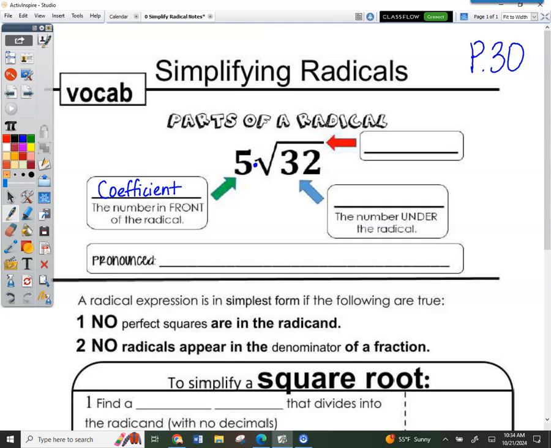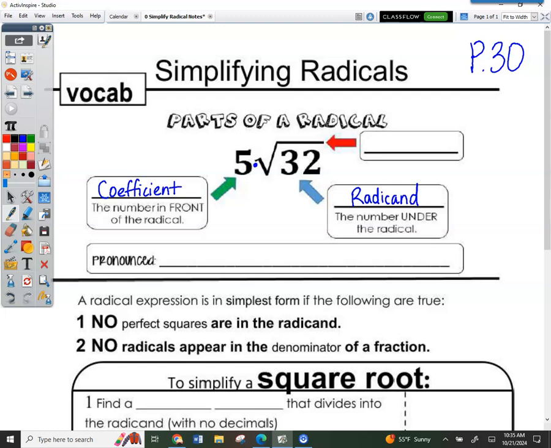The number under the radical is called radicand. And then there's a D on the end. It is not pronounced radicand. That's not how you say it. The D is silent. Coefficient's the number in front.